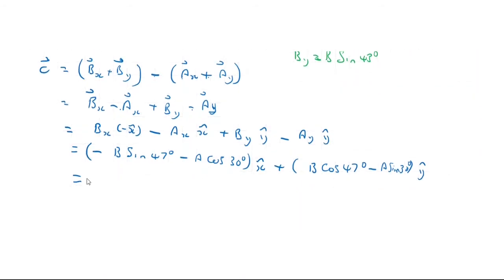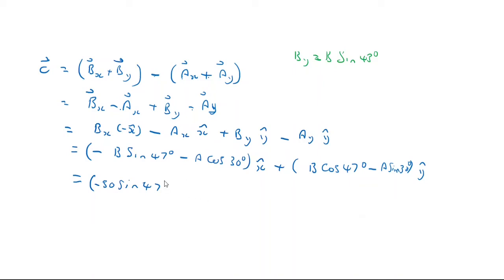Okay, so in that case, b is 50, minus sine of 47 degrees. I don't know why I'm making this type of mistake, now I'm writing 470 instead of 47.